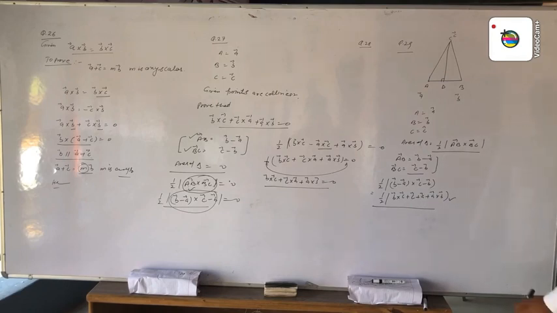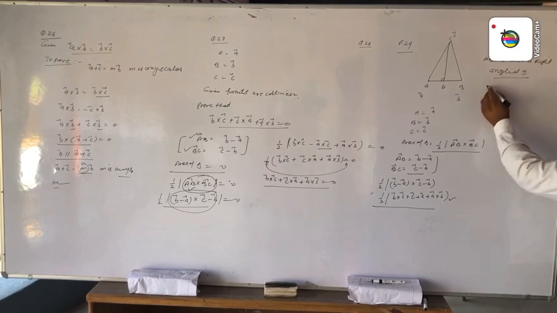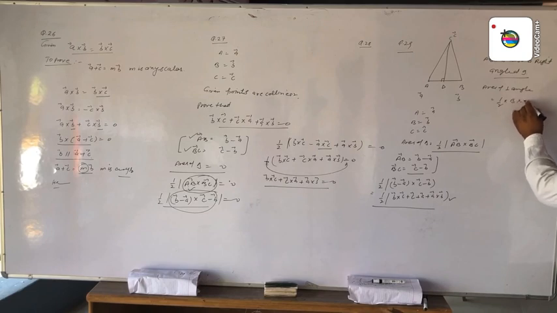Now we take that ABC is also a right angled triangle. The area of a right angled triangle is half of base multiply height. It is the result of this.